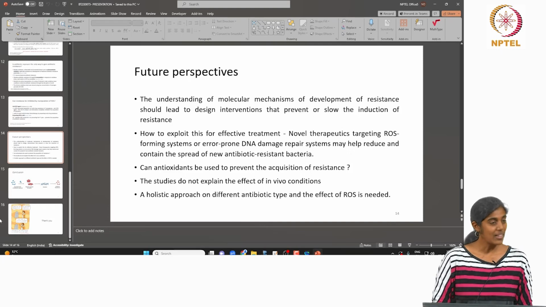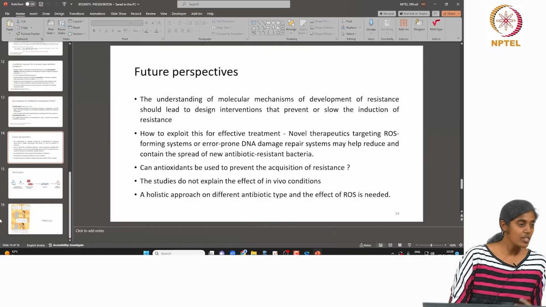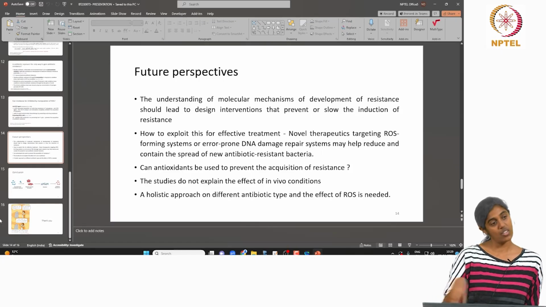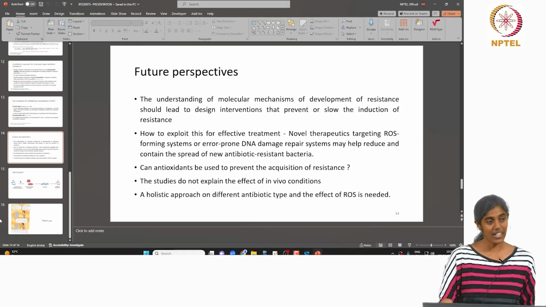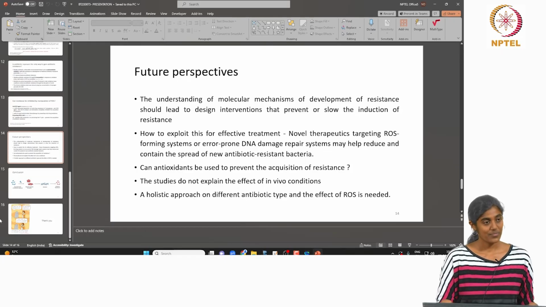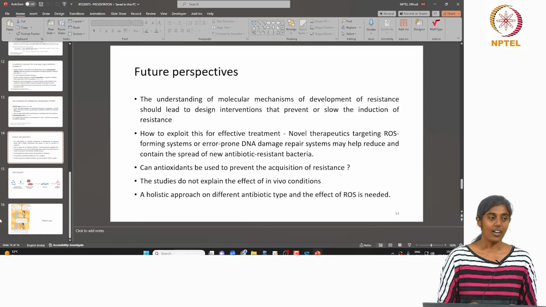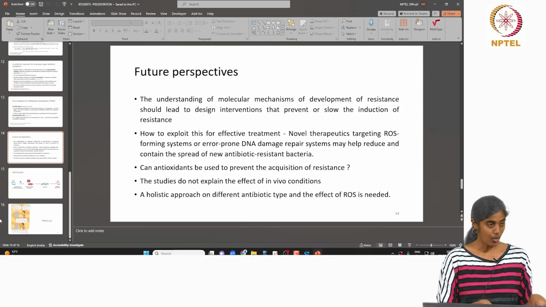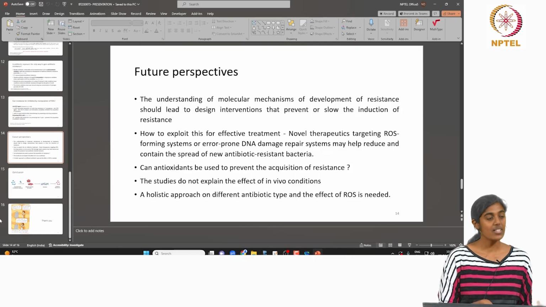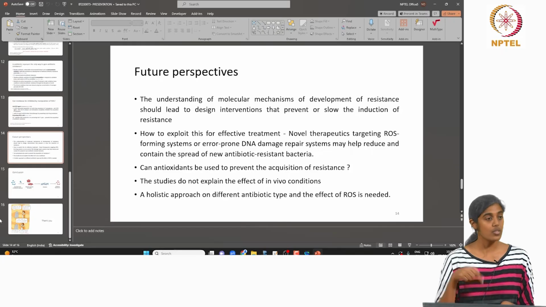Whatever is produced by the host is not intracellular ROS of the organism. That's basically extracellular, in the environment. In that case, the ROS produced by the host acts as an antimicrobial to kill the organism, but that would not confer resistance to the organism.